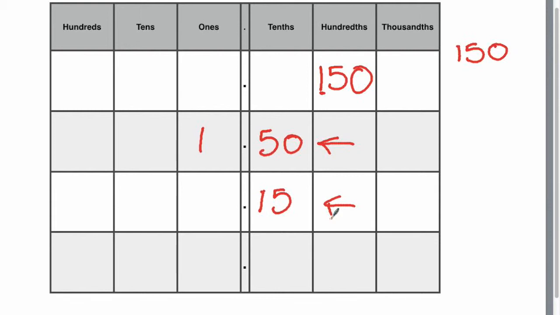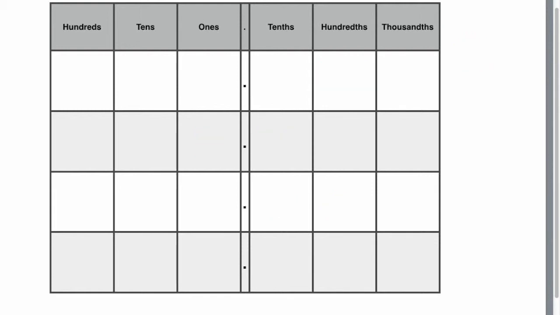Give me a thumbs up if that's all equal. You can't give me a thumbs up if you got markers in your hands. Okay. So write this on your place value chart.